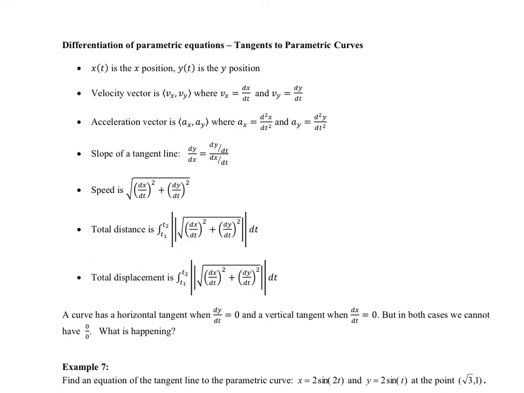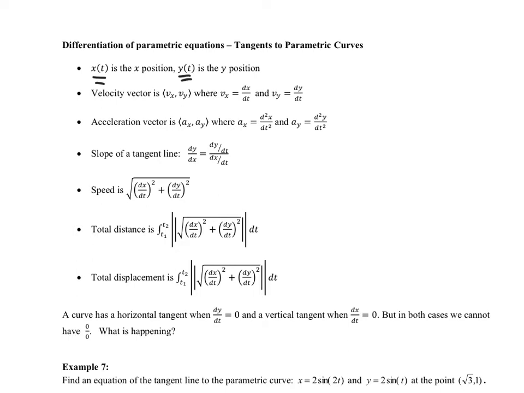So x of t is an independent function that tells you what the horizontal movement of the particle will be based on time.